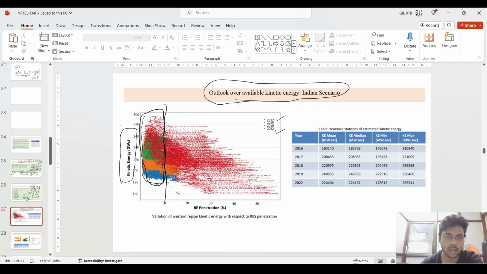The energy which can be utilized during a sudden change of frequency deviation is very high. If you see this Pmax level, as the RE penetration increases, the stored kinetic energy drops down. Why is this happening? Because there is no moving part inside the RE generation. Only wind is one kind where the stored energy can be utilized.